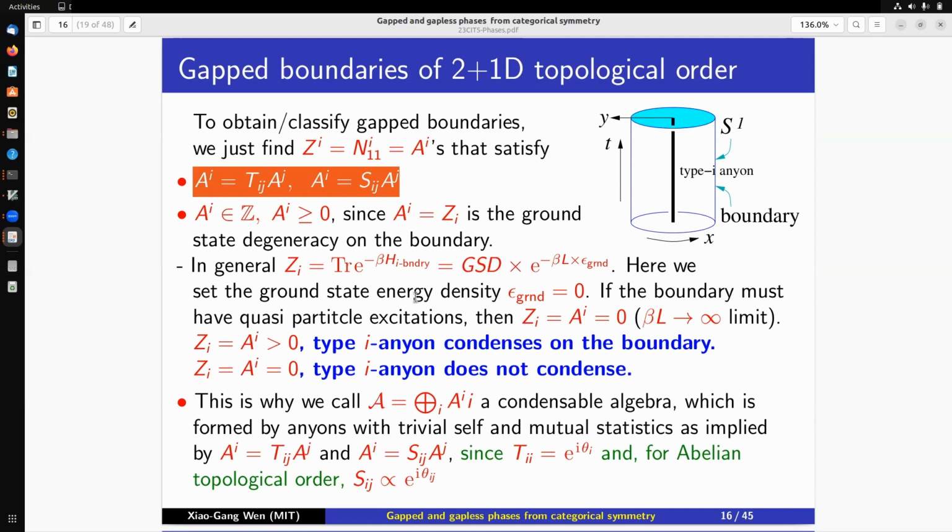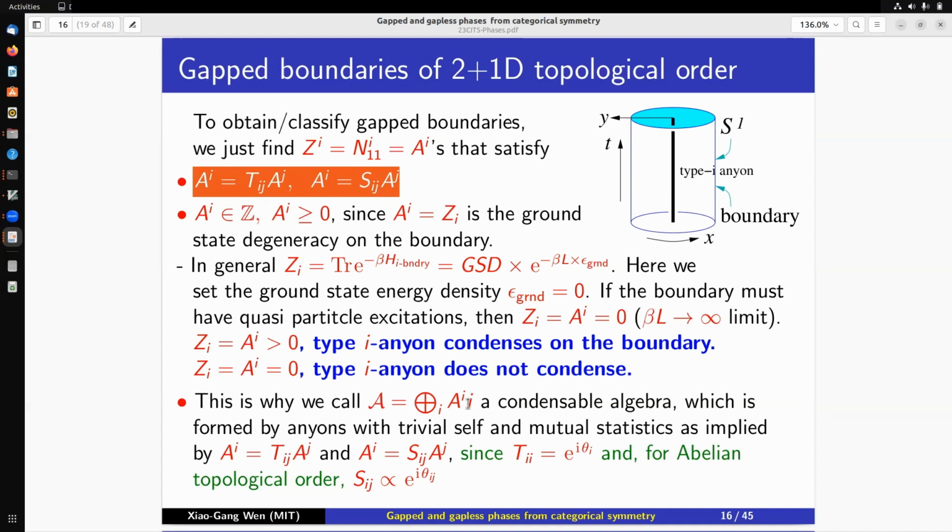So this non-zero A_i means i condenses on the boundary. Therefore we call this A_i a so-called condensable algebra. And there's a more formal way to write this condensable algebra as a direct sum of A_i times the anyon.